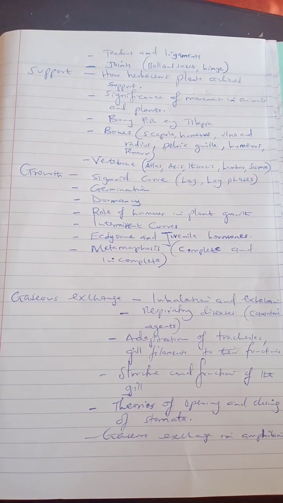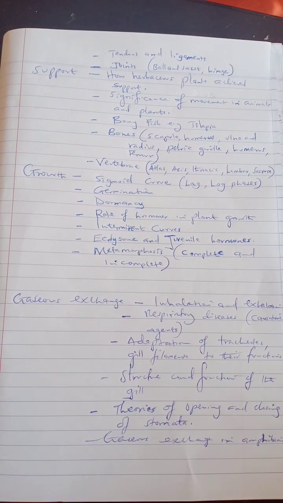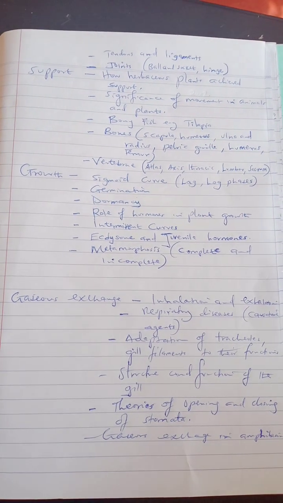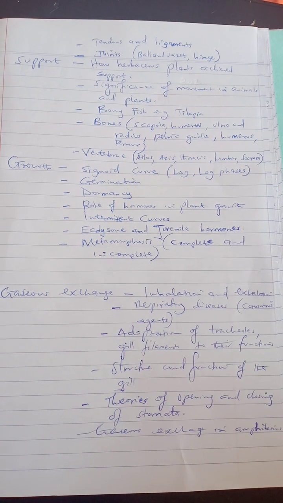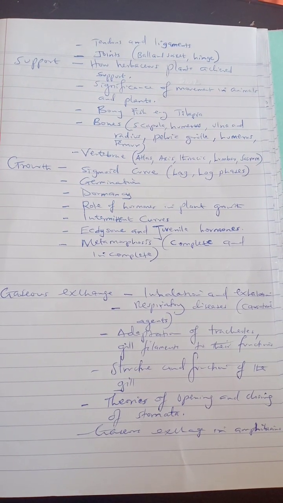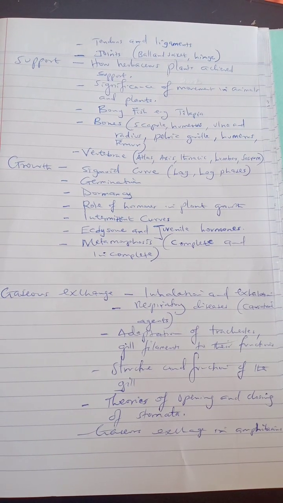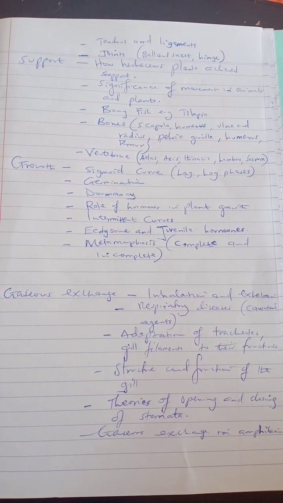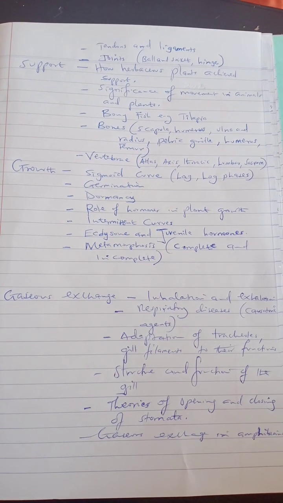Then there's dormancy. You have to know what seed dormancy is and the factors that may induce dormancy in seeds, and the ways of breaking dormancy. And then roles of hormones in plant growth. Hormones like auxins, florigens, gibberellins, cytokinins, the roles of those hormones in plants, very important.